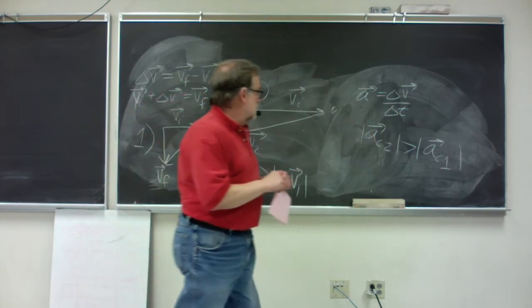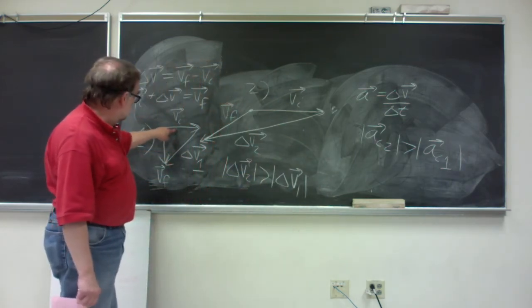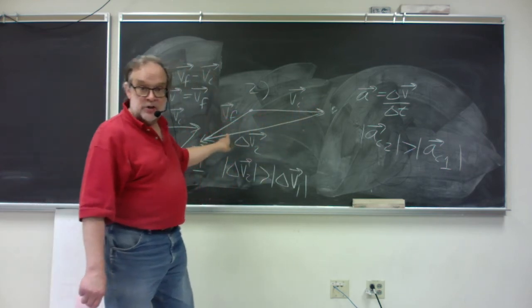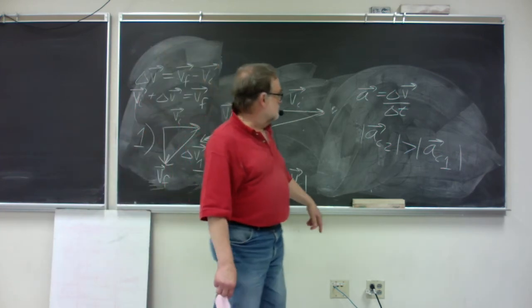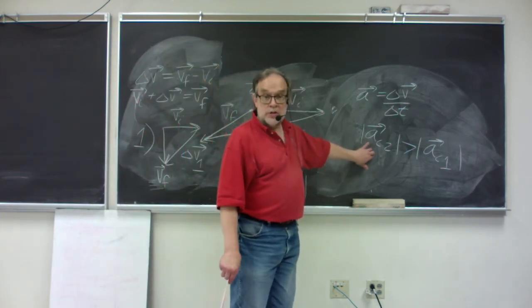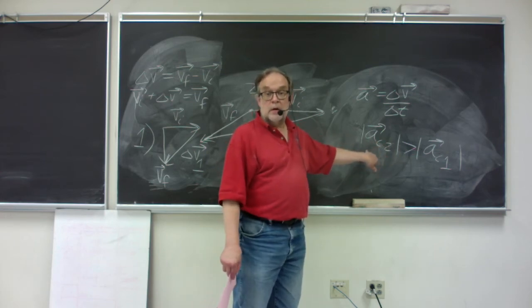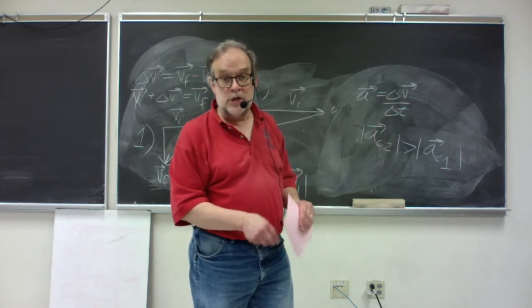And since the direction of velocity changed from this to this in situation 1, and you had a much bigger change in direction in situation 2, then you had more change in velocity in that same amount of time in situation 2 than in situation 1. More change in the same amount of time means bigger acceleration.